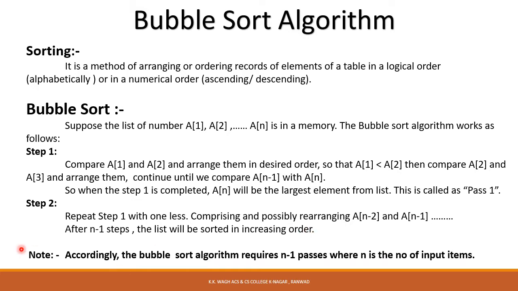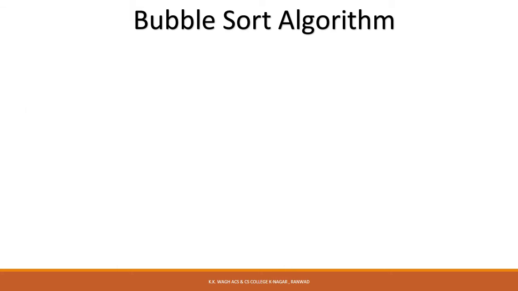Note here that the bubble sort algorithm requires n minus 1 passes, where n is the number of input items. If the list contains n elements, then we will require n minus 1 passes.